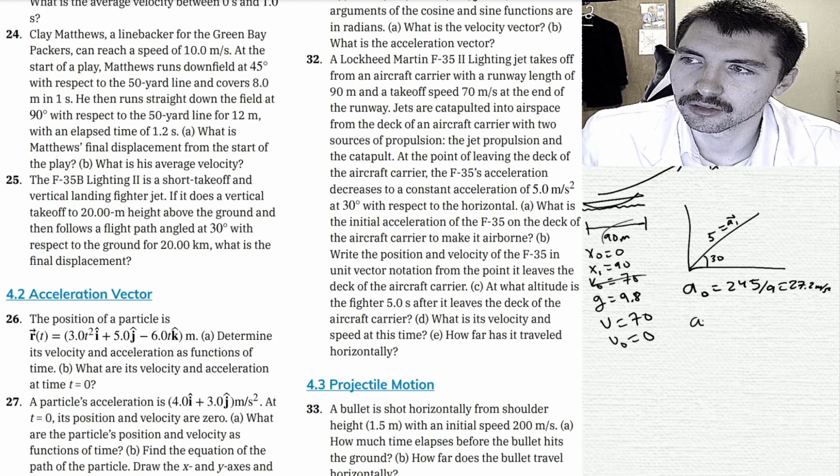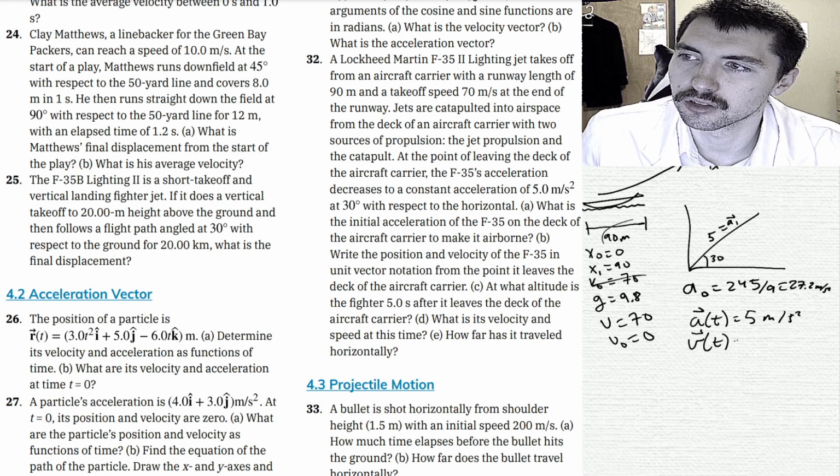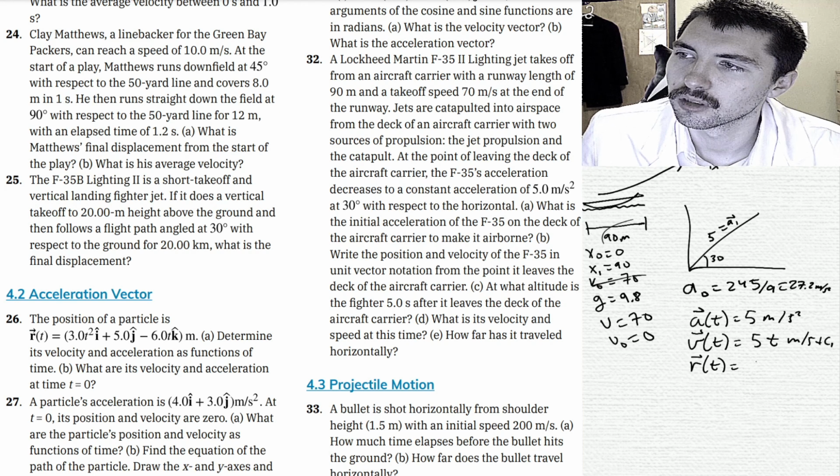Well, okay. If we know a of t is 5 meters per second, then v of t is 5t, and then r of t is 5 halves t squared meters per second plus C2.